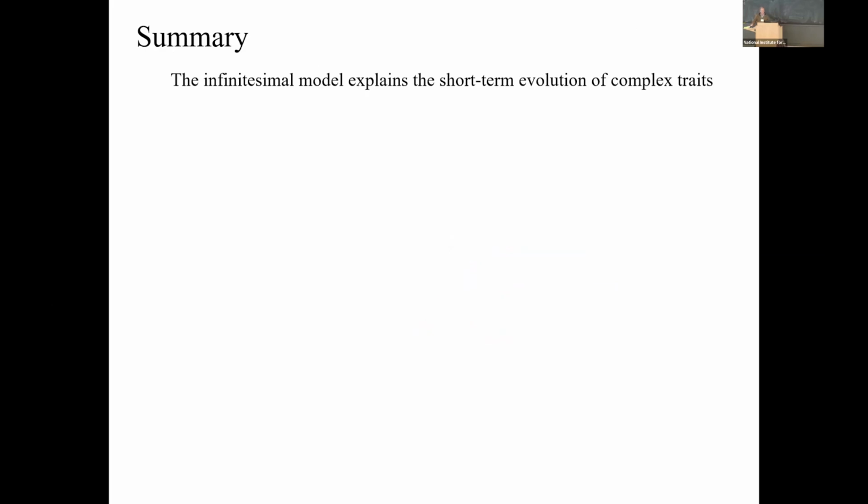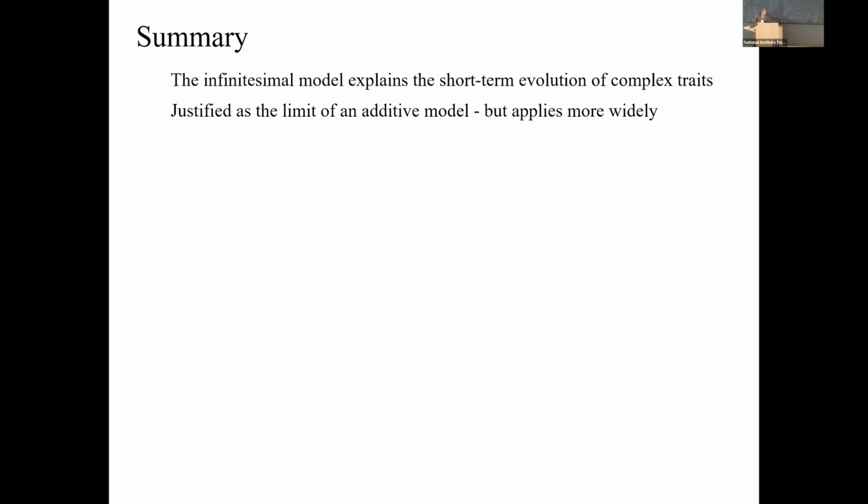So to summarize all this, the infinitesimal model is used in practice as really the foundation of quantitative genetics. It explains the short-term evolution of complex traits, and it fits quite well over 50 generation timescales in smallish populations. Whether it applies over longer timescales, whether it's actually useful to us for evolutionary biology, that's another thing.